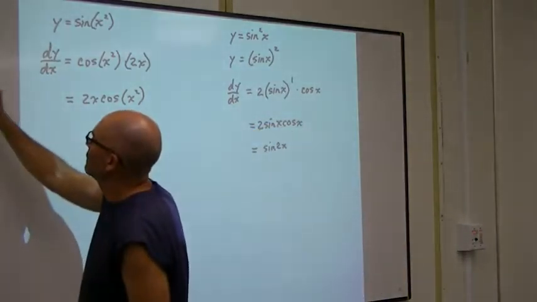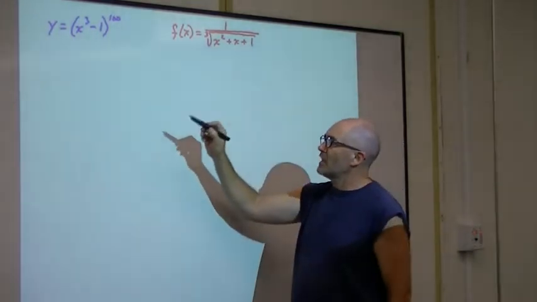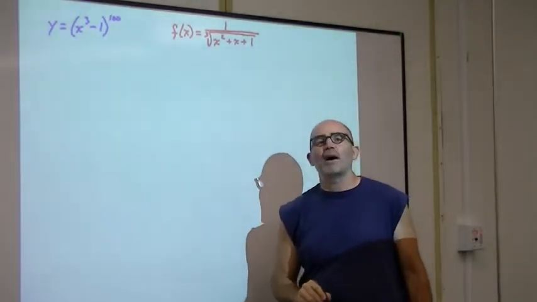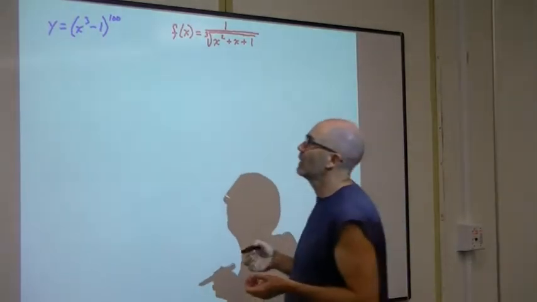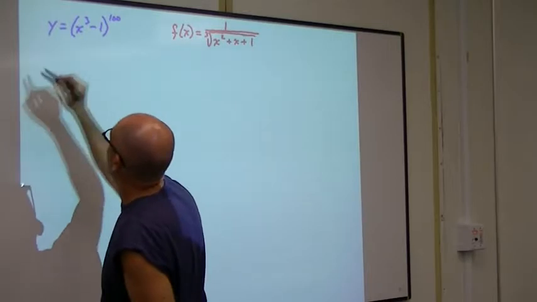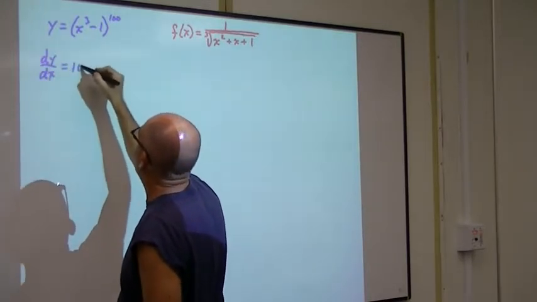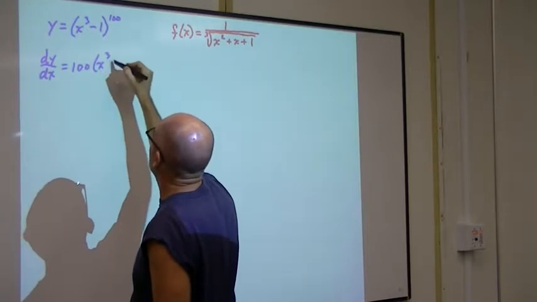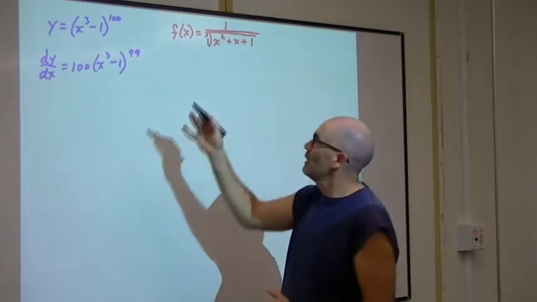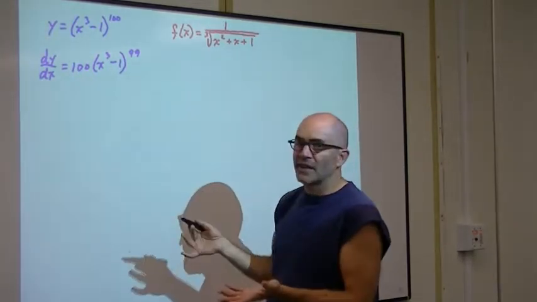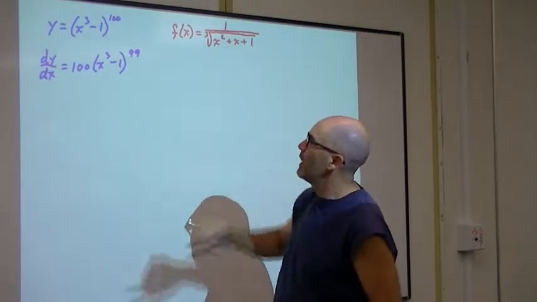All right. Cruising onward. What about y equals (x cubed minus 1) to the 100th power? Well, with the chain rule, it's a piece of cake. All we do is we go dy/dx equals 100 times (x cubed minus 1) to the 99th. So basically I just treated the parentheses as if it was an x, and I just bring the exponent down and drop it by 1.